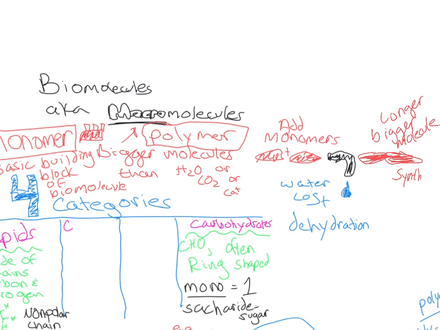So when you did your POGL in Model 2, if you were struggling understanding what you were supposed to be looking for, you should have seen that there was always plus H2O. That's because water is going to be released in a dehydration synthesis.